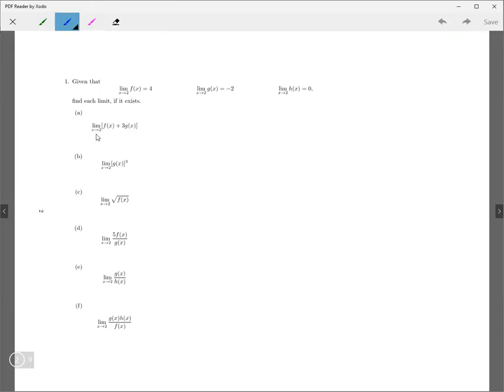So the limit as x approaches 2 of f of x plus 3 g of x. That's just going to be, well, the limit of f is 4, so that's a 4 there, and then plus 3 times whatever the g limit is, and that's -2.